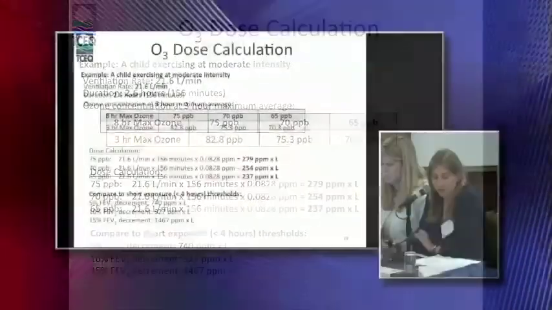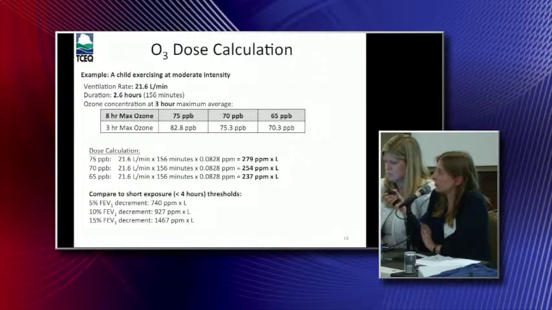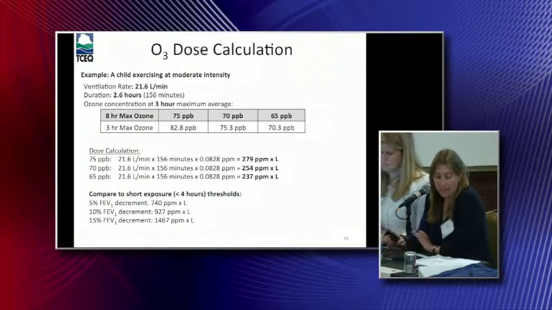And those 3-hour maximum ozone concentrations at a 75 part per billion day, a 70, or a 65 are shown there. And then we can do the dose calculation. It's very simple. You just multiply them all together and convert the part per billion to part per million, and we get this range of doses depending on the ozone concentration of somewhere between 237 and 279 parts per million liters.